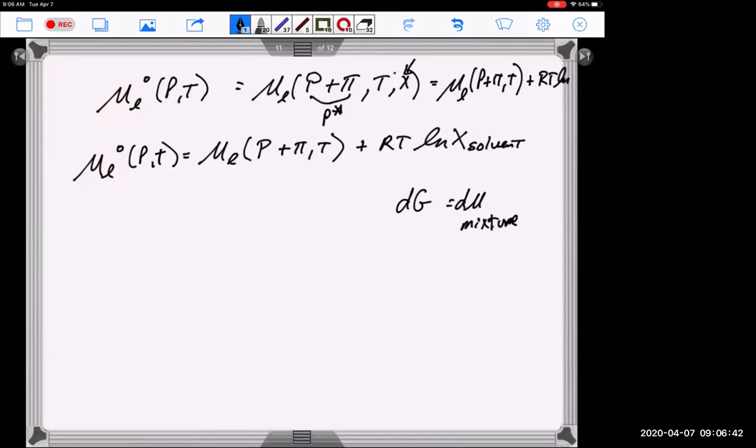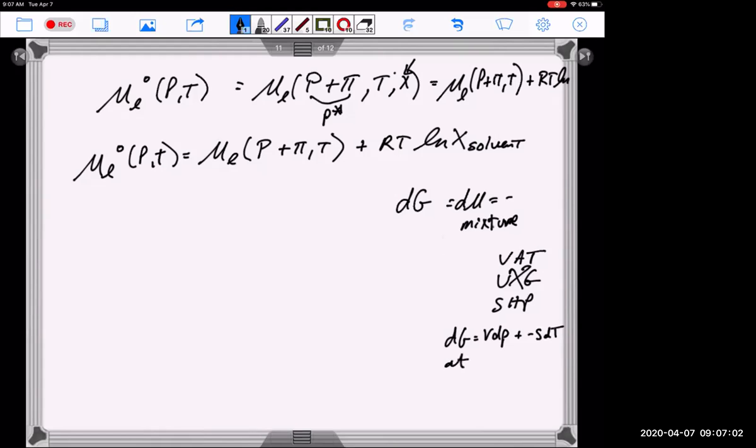So we get dG is going to be V dP minus S dT.